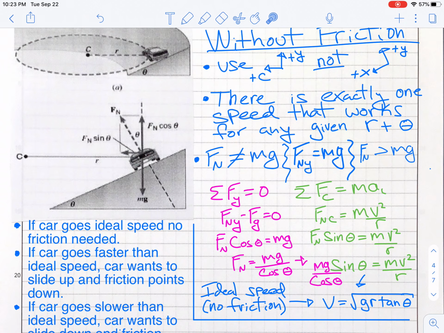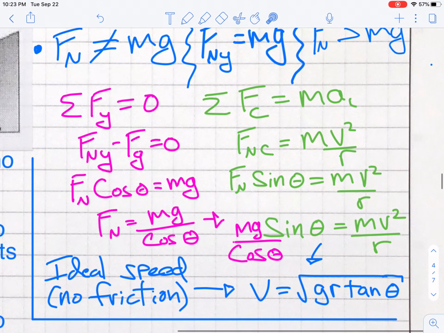In the y direction, we know we have 0 acceleration because we're not moving up or down here. So we get Fn equals mg over cosine theta. In the centripetal direction, our acceleration is v squared over r, and all of the centripetal acceleration is provided by our normal force.